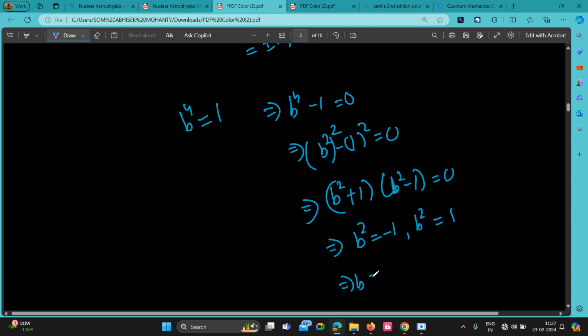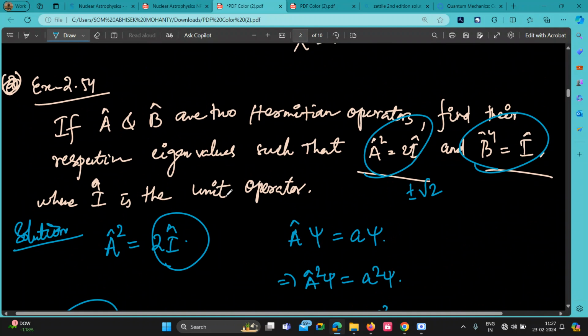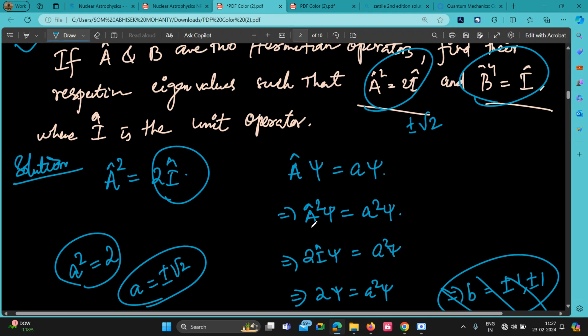So B is equal to plus or minus i and B is equal to plus or minus 1. Okay, so four values: 1, minus 1, i, minus i. These are the values. Easy question, you just have to know these equations.